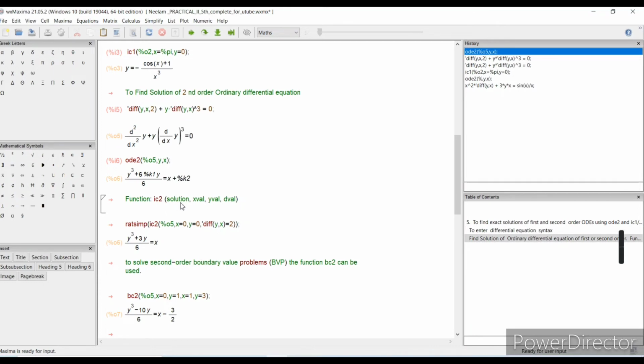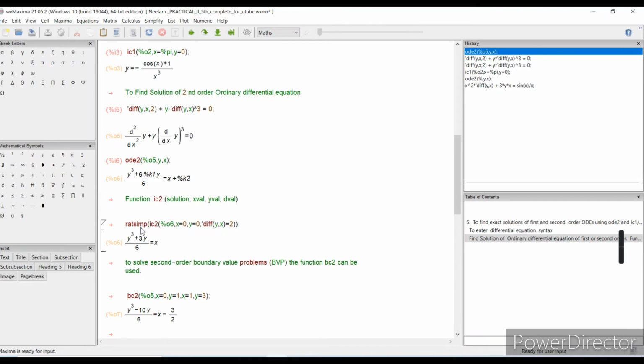Again, the solution above, then the x value, the y value, and for an initial value problem, the derivative of y at this point. My first initial value problem is x equal to 0. The output I obtained is in the 6th line, so I will write 6 here.